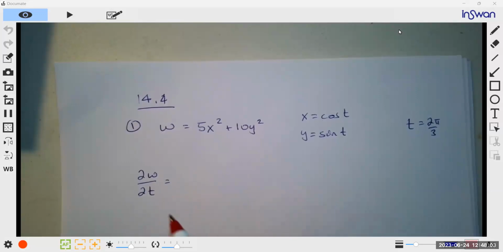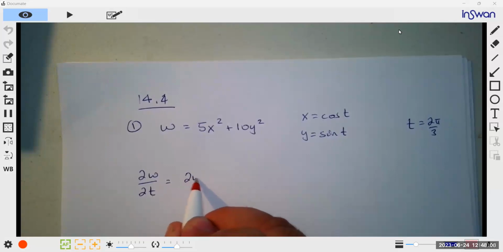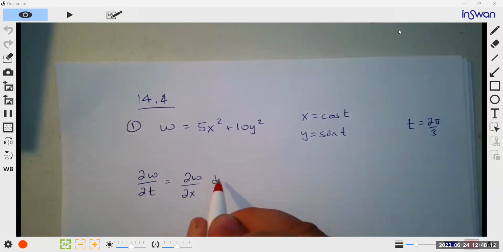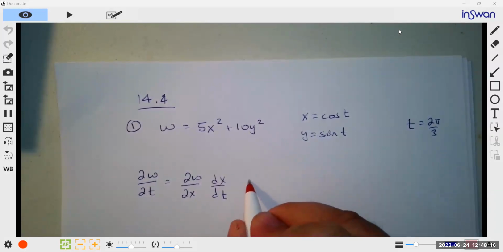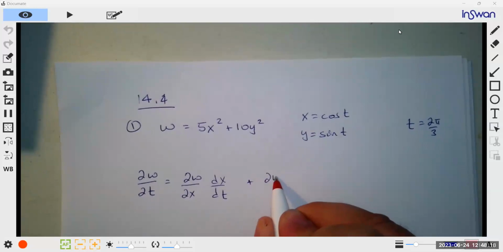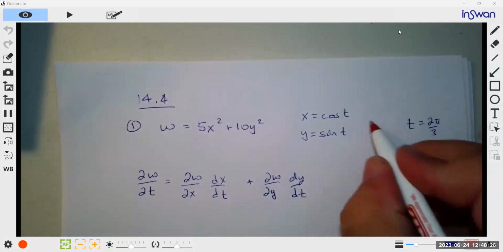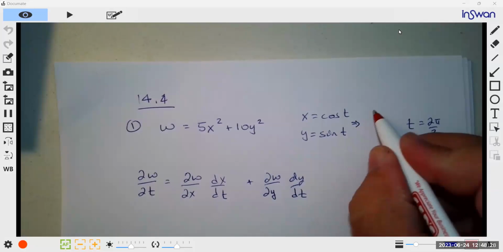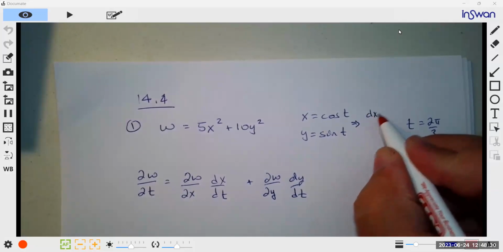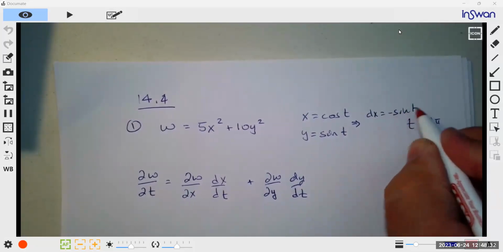So let's first look at how we got from here. The first one we have is dw/dx times dx/dt, then we have dw/dy times dy/dt. The derivative of x is negative sine t.